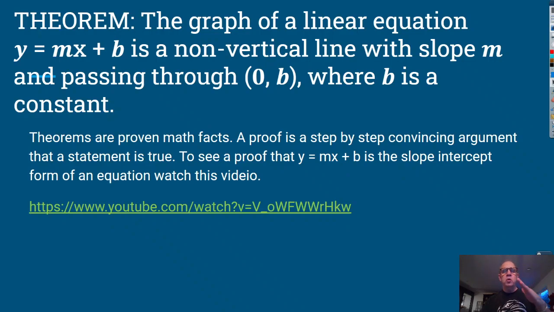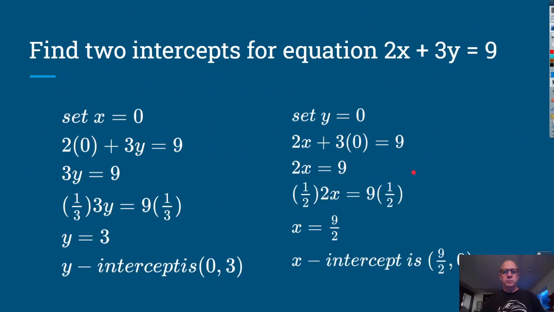There cannot be 2 lines with the exact same equation. So if I have y equals mx plus b, if the b is different or the m is different, then it's a different line.